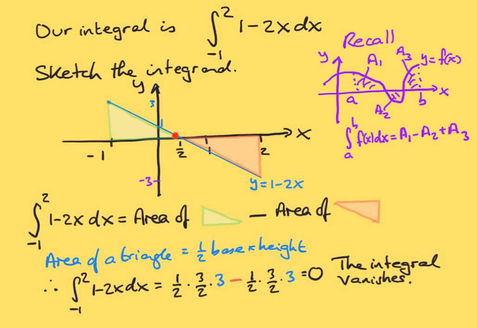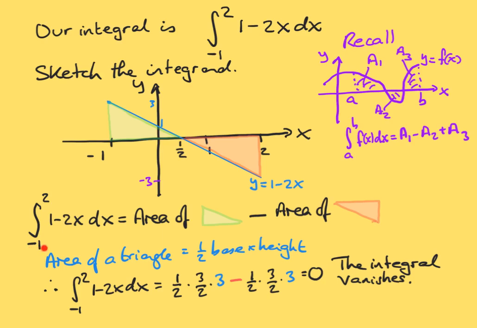So we see that we have got 2 triangles. This triangle lies above the x-axis. It gives a positive contribution to the definite integral. This triangle lies below the x-axis, and so just like here, this is going to give a negative contribution to the definite integral.